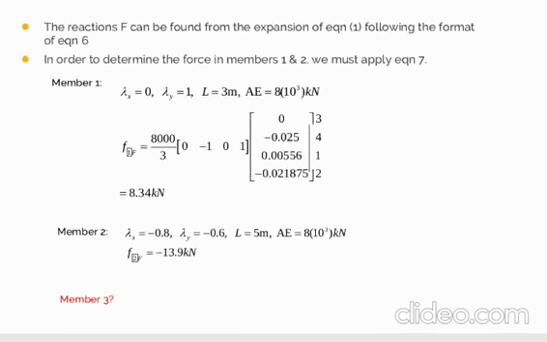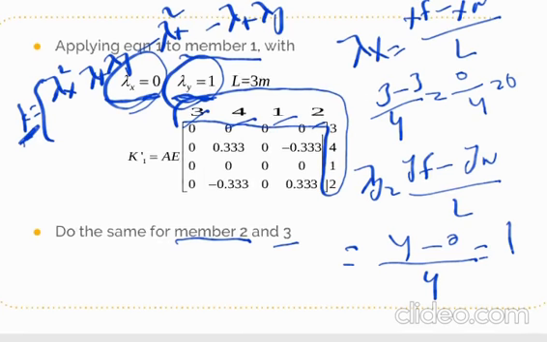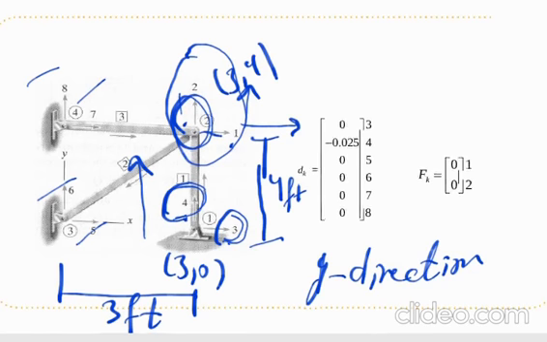Now go to find the force reaction. Force reaction of each member. F equals AE over L. AE here equals 8,000. I think it's given in the example.